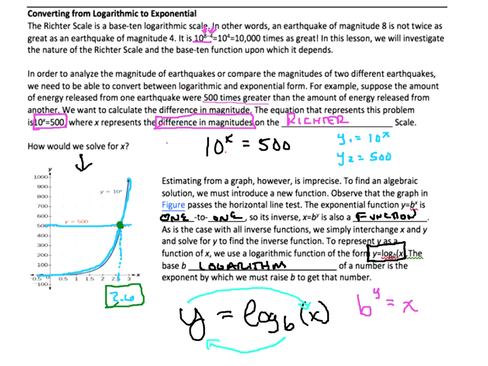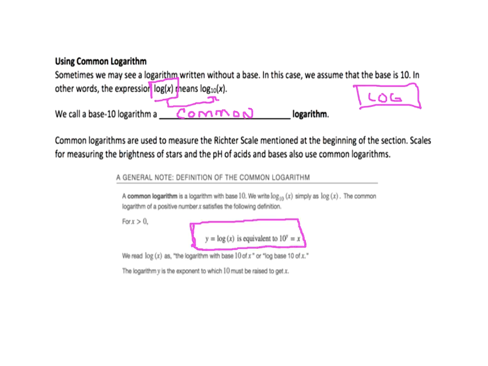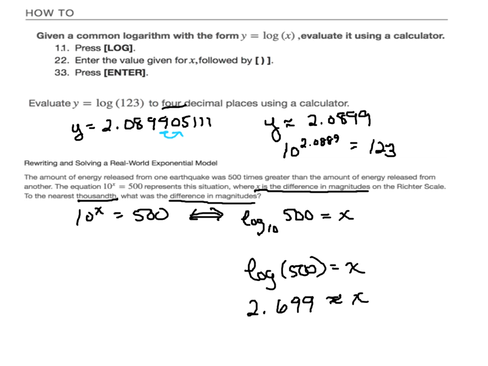And so you can see why graphical is not as precise as calculating. It was close to 2.6, but it's actually closer to 2.7. But just using my human eyes, I wasn't able to see that much precision. That's why we have to have logarithms so that we can find the inverse of those exponential equations and solve.